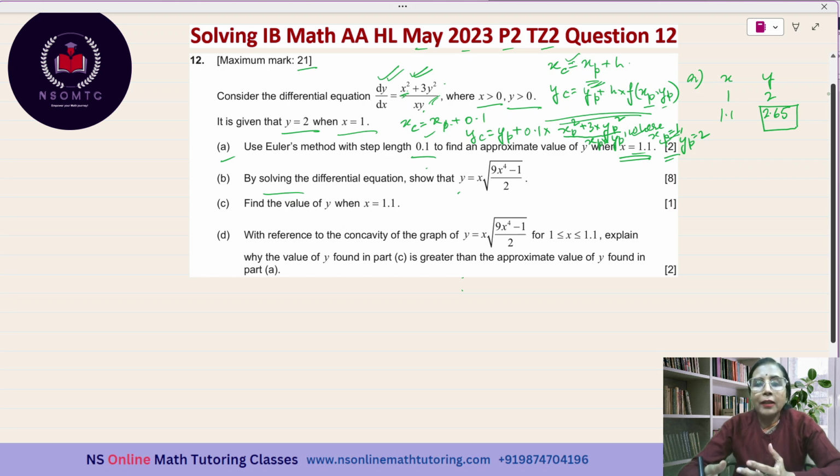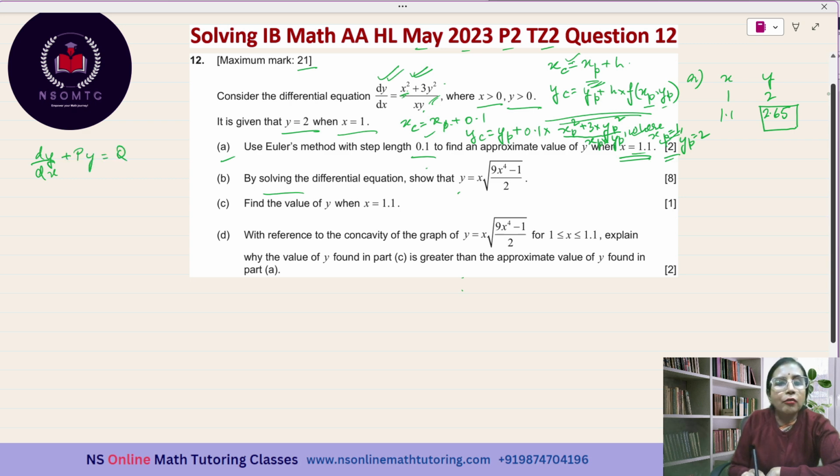The second method is the integrating factor method, which is used when, let me write it over here, it is dy by dx plus py is equal to q. If you have a differential equation of this form, you can use the integrating factor method. But over here, this is the subpart B, if I just separate the terms, what happens?